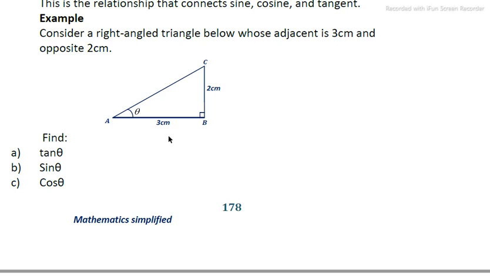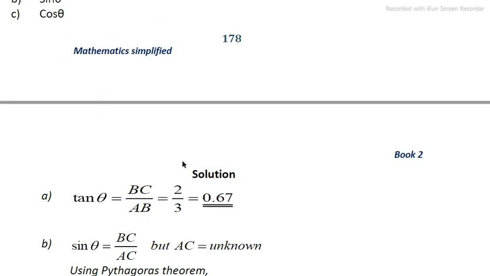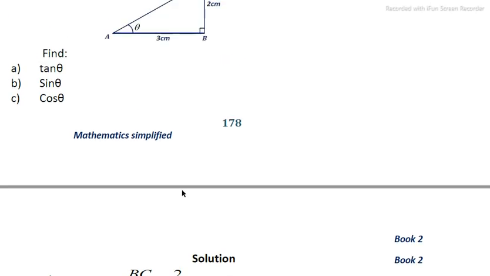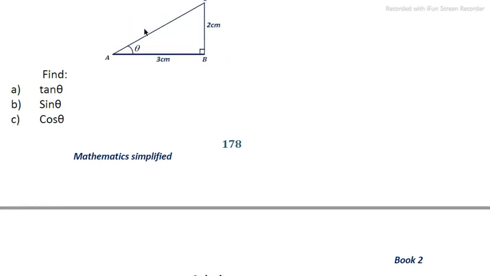So when we substitute in the formula for tan, which is opposite BC over the adjacent AB, the opposite is 2 and the adjacent is 3. So it gives us tan as 0.67.